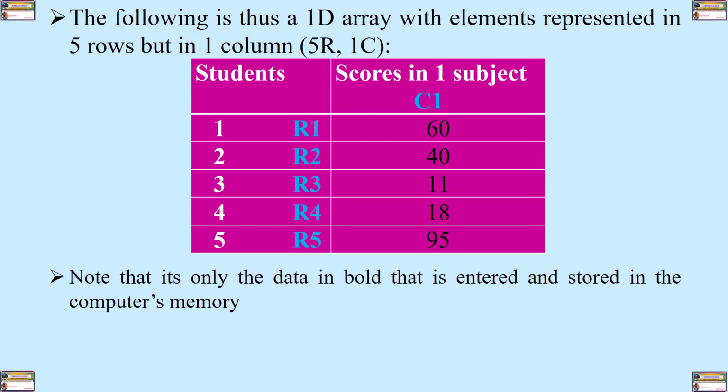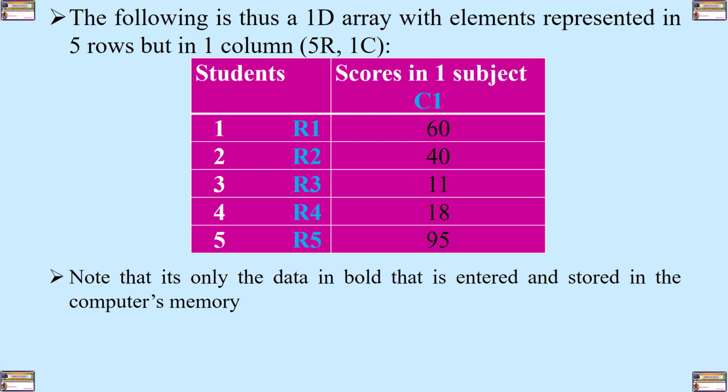Note that it's only the data input, just as I've said previously, that is stored in the computer's memory. That is only the data that is of type integer here. If you were to store R1, R2, R3, R4, R5, that would also be an array, but not of type integer. It will be of another type.